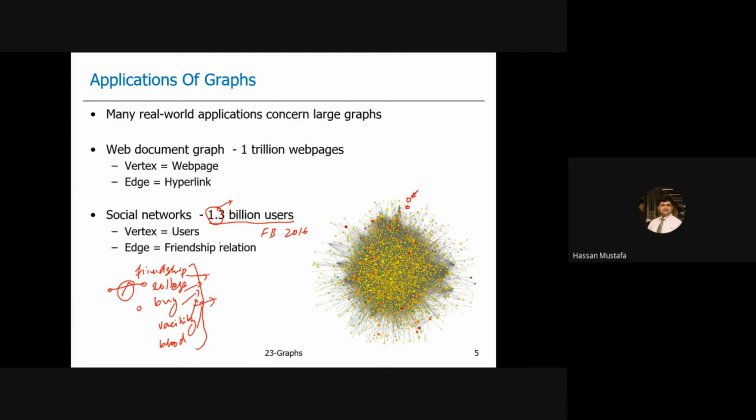So that's one takeaway from this slide, where I've shown you applications that model a situation where the data size is enormous, and we need to model that in a graph.